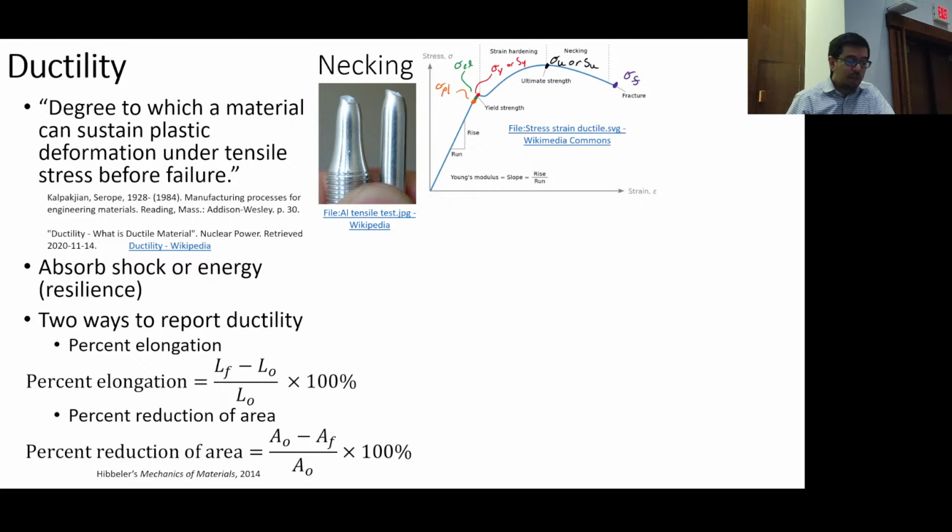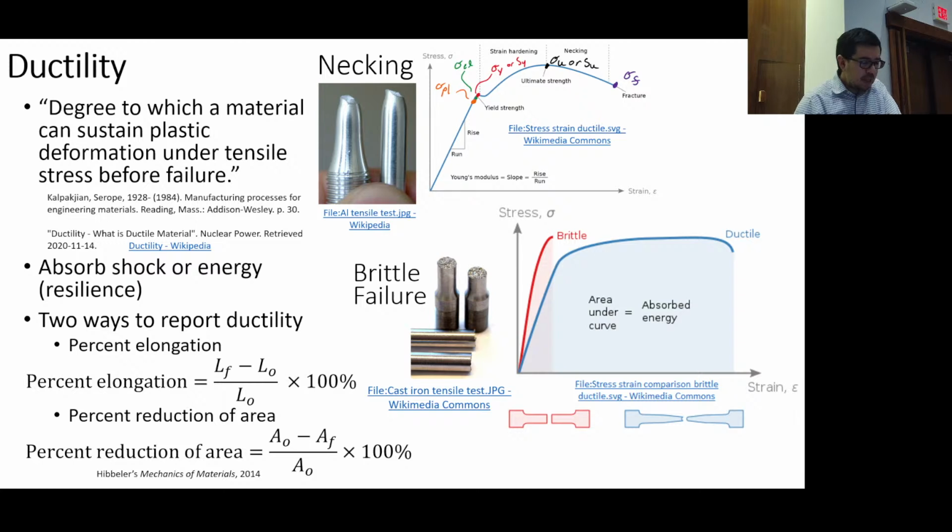I don't think I've really had an exam question where I said, this is the percent elongation, this is the percent reduction of area, can you give me a perspective on whether this material is more ductile than this other material? Haven't really done that in an exam, but it's good to know. And it's also good to know what brittle failure looks like.